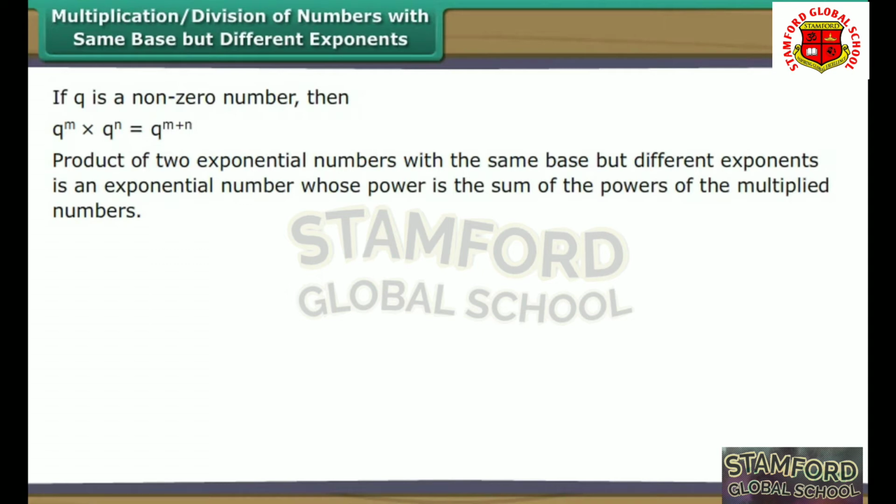Let us understand the law with the help of some examples.